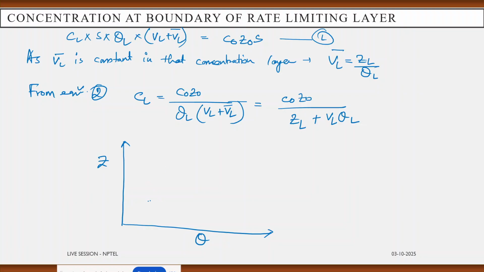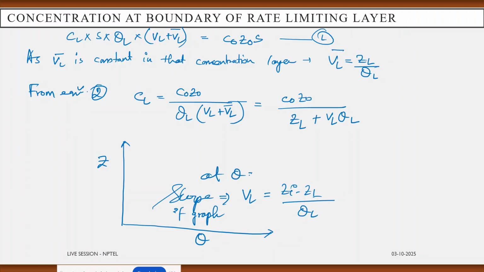From that plot, the slope of the plot will be VL. For any Zi minus ZL over theta L, it will be VL, the slope of the graph. At theta equals to theta L, that slope is VL.